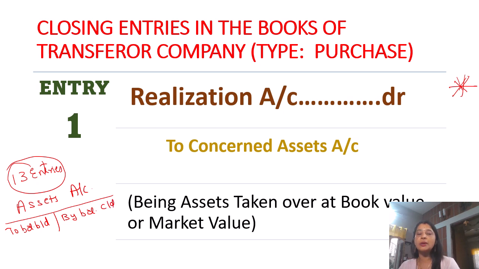But here, the company is not continuing. You are closing the company forever. So instead of writing by balance carried down, you will be writing by realization account. So that is why this entry: realization account debit to concerned asset account, either at book value or market value. This is the first entry we post.